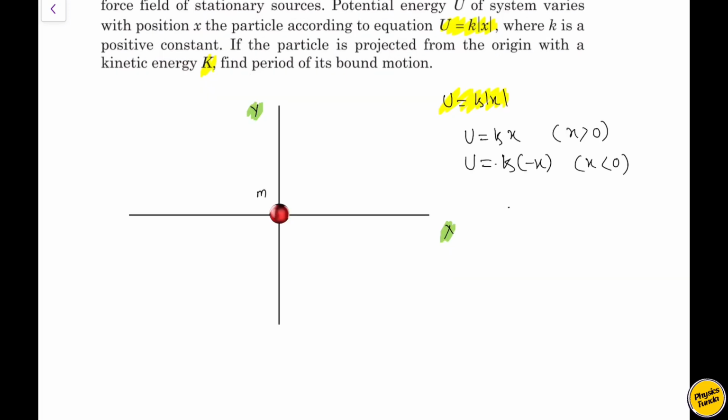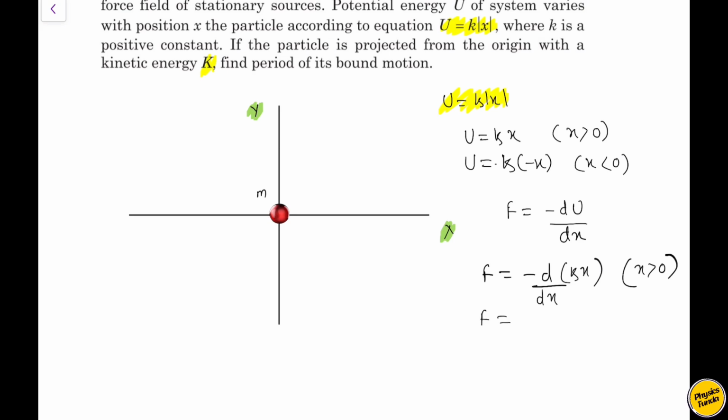Okay, from this I can derive a force value, right? Because I know that force is equal to minus dU upon dx. Since I have two potential energy equations, I'll get two forces based on whether my particle is in the positive x-axis or the negative x-axis. So I can write F is equal to minus d of dx of kx if x is greater than 0.